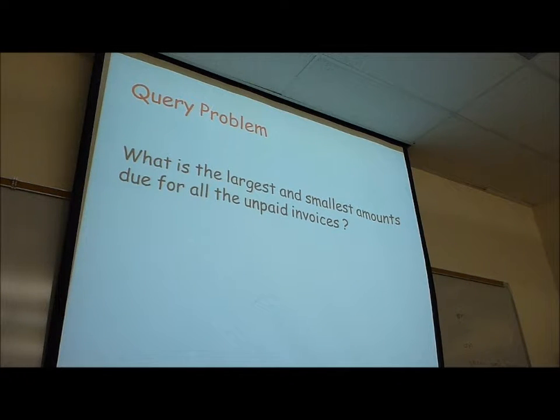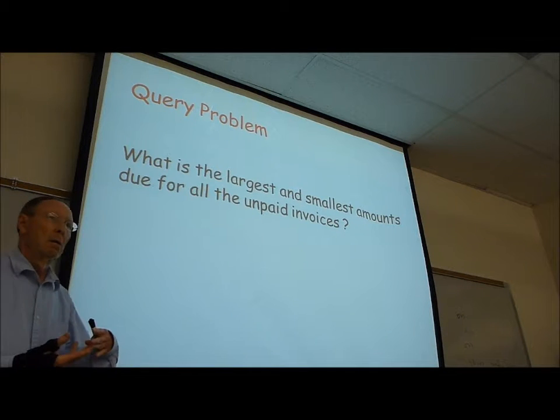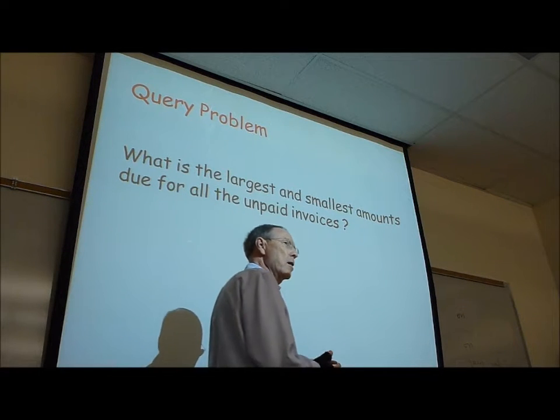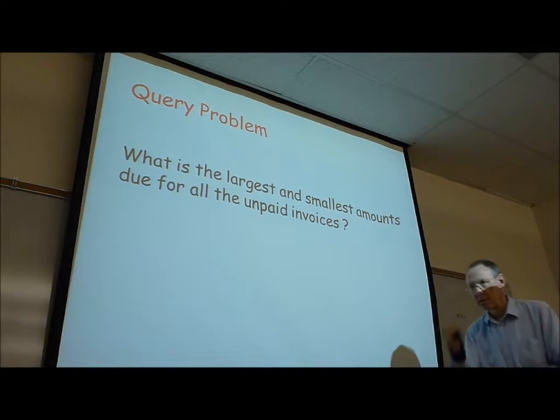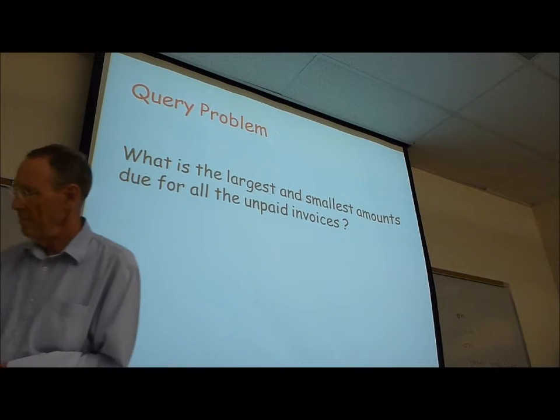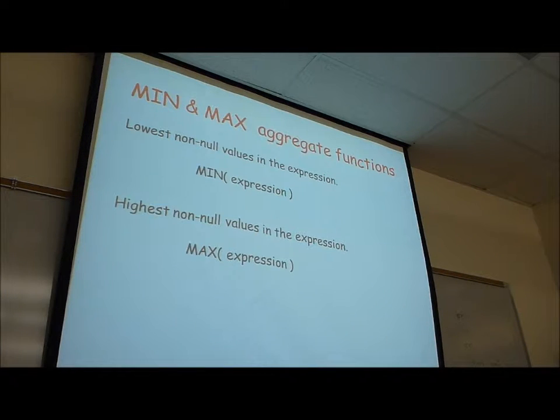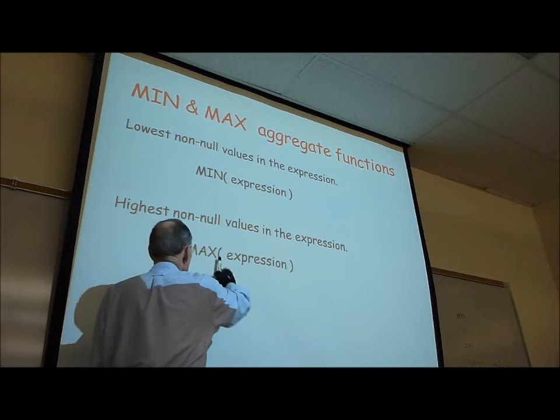In fact, we could have done count, sum, average, min, and max, all in one query, just listed across. We have the lowest non-null value. Nulls are not counted, because they don't make any sense; it's entry, no entry. So it's the lowest non-null, and the largest.